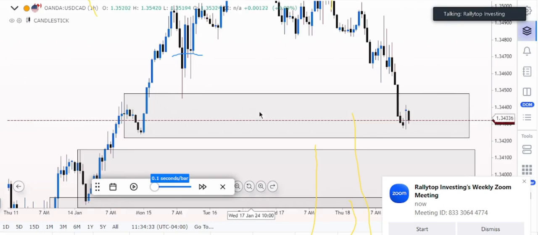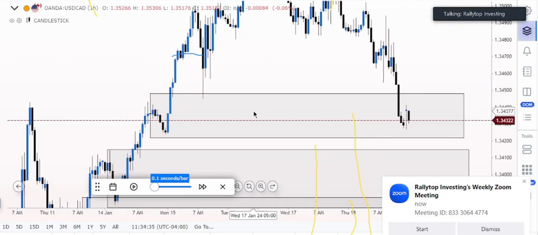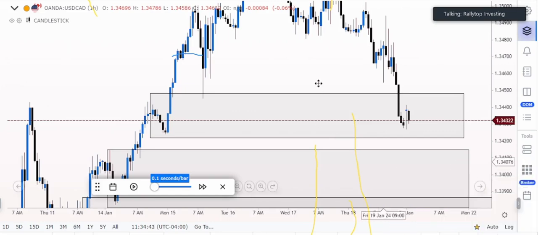Second reason why it is not valid is that you need your area of interest to be fresh. If it's been mitigated, then we don't need to use it again. As you can see, this is the high of this order flow, and this is the low of your order flow.